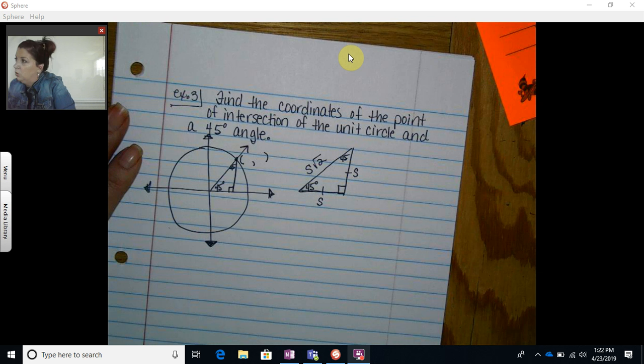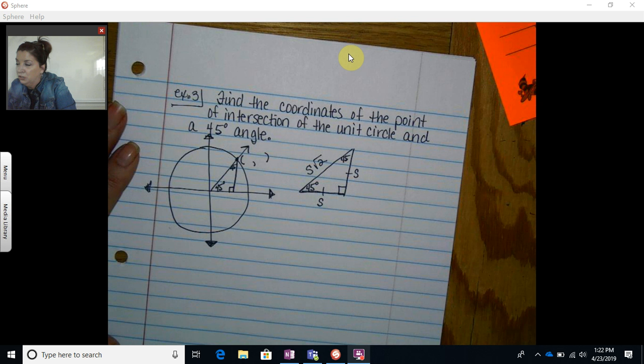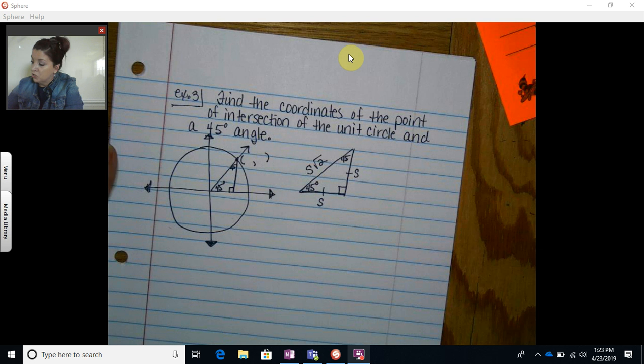Well, we also know that in a unit circle, the hypotenuse, which is formed by the radius, always has length 1. Not in every triangle. Every triangle has its own. The hypotenuse can be a different measurement, but in a unit circle, the hypotenuse of every triangle is 1. So we already know that the hypotenuse is 1.